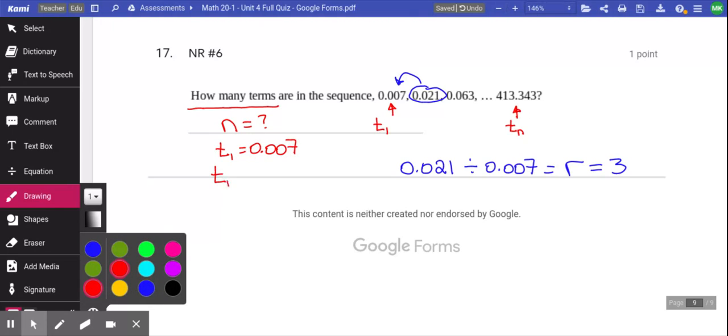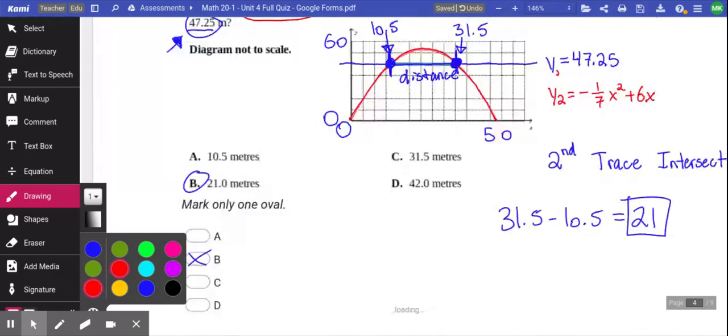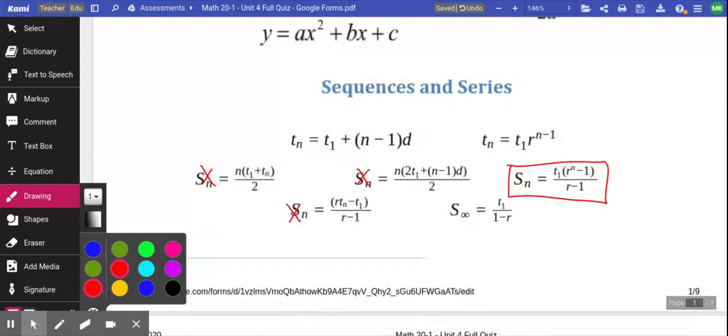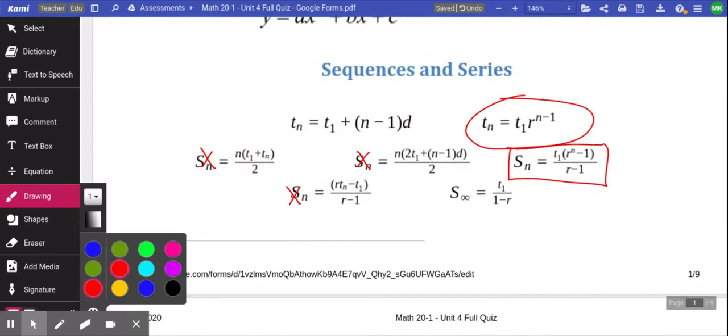I know T of n equals 413.343. And I know R equals 3. I then have to have a formula that has those things. If I look up to the top, this formula has all those things. It has T of n, T of 1, R, and n. So that is the formula I want to do.